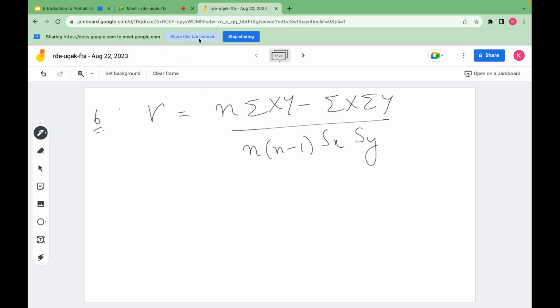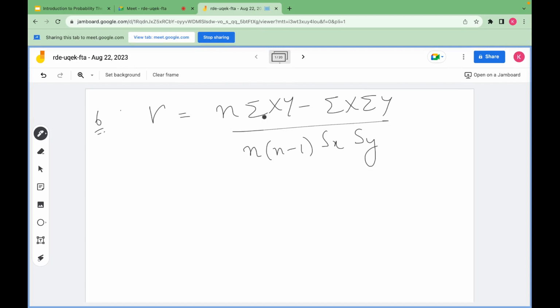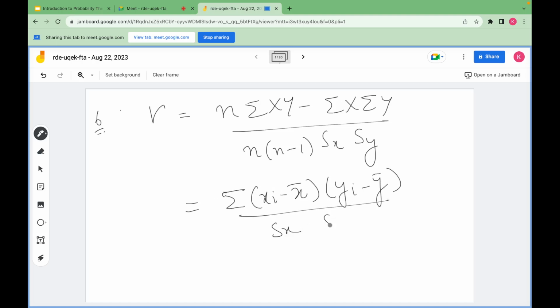This time I am using the new formula. This formula is also derived from the previous formula, which was xi minus x bar into yi minus y bar upon n minus 1 Sx Sy. This is reduced to this formula because it is easy to compute, because we have this table.